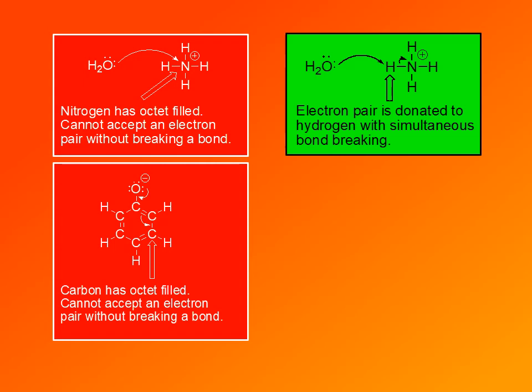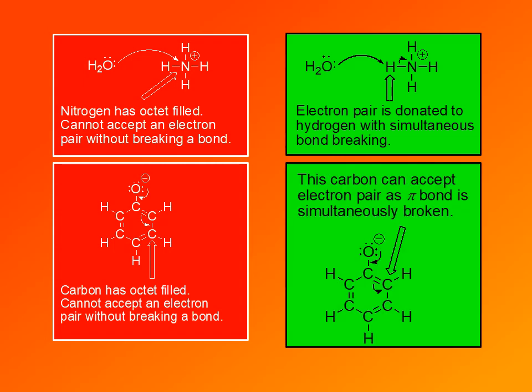So this, as written, is wrong. So the way this should be, one way that this could be written is that this pi electron pair is moved to the carbon atom to form carbanion, carbon minus, with free electron pair. So that would keep all the octets filled, but no atom would exceed octet.